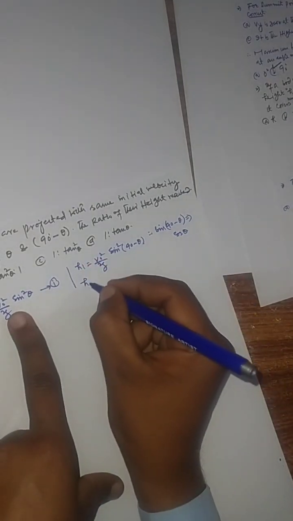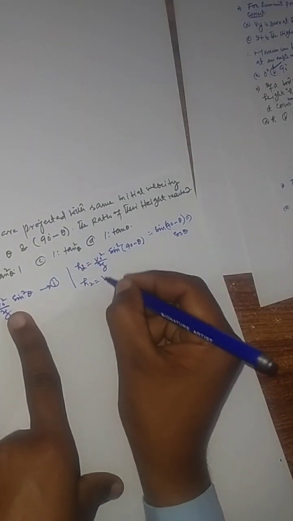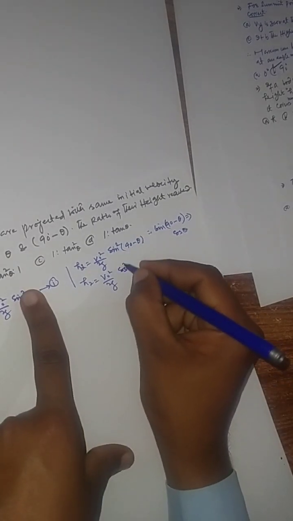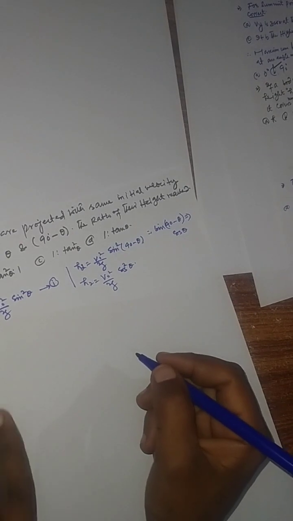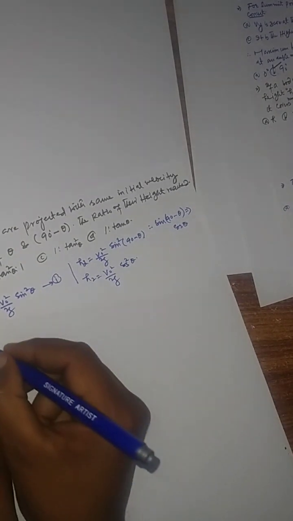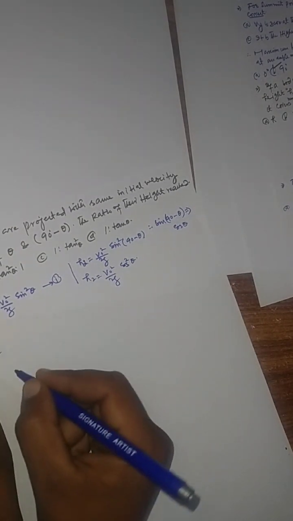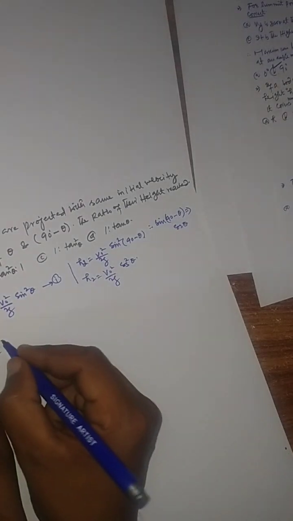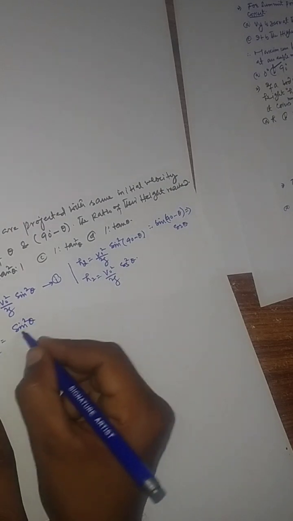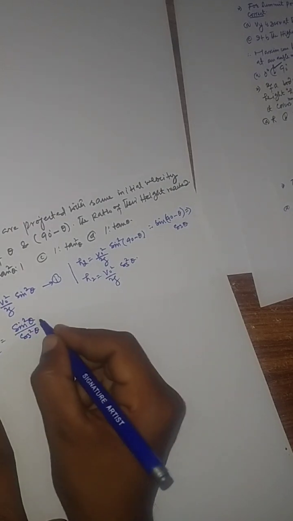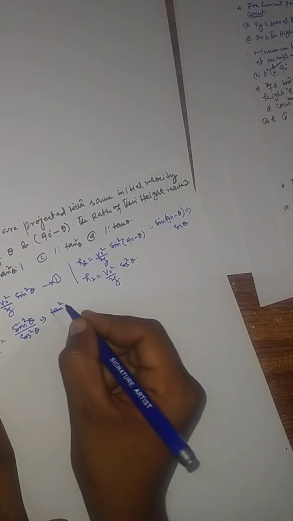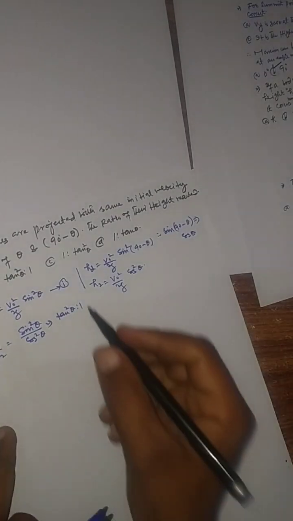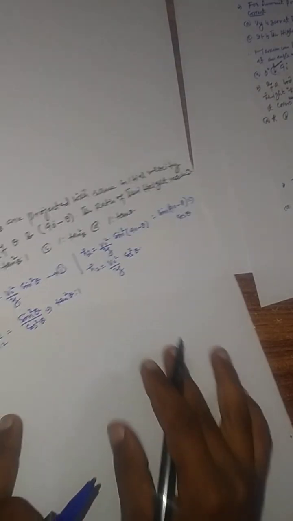So h2 will be equal to v naught square over 2g, and this will be cos square theta. Then now find the ratio h1 over h2. v naught square over 2g will get cancelled, remaining sine square theta over cos square theta. This will become tan square theta, ratio 1. So correct answer is tan square theta:1.